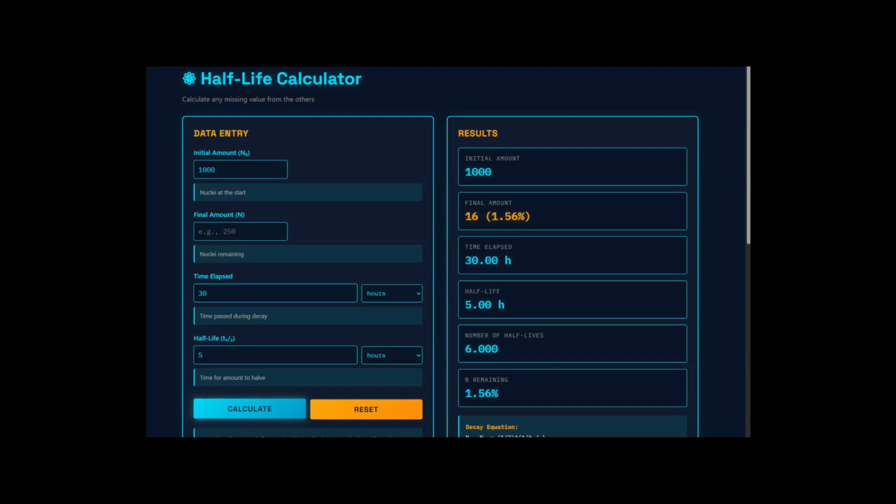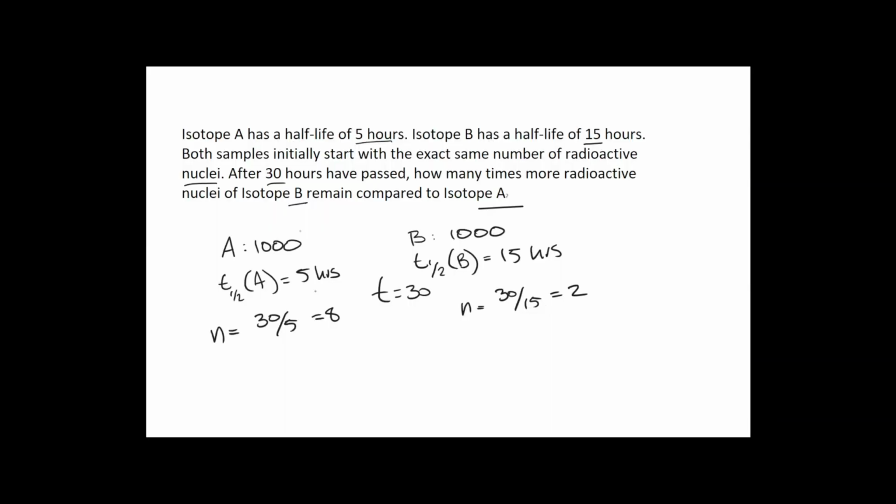I'm going to calculate. So there are going to be 16 nuclides remaining of the first one. So there's going to be 16 of this first one, and this other one is going to be pretty much easier to do. We just need to halve it.